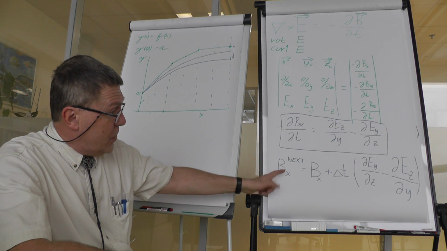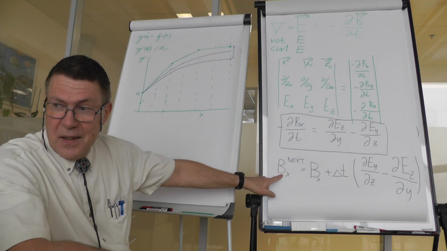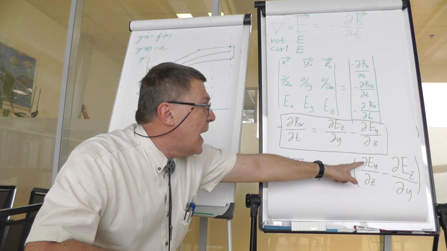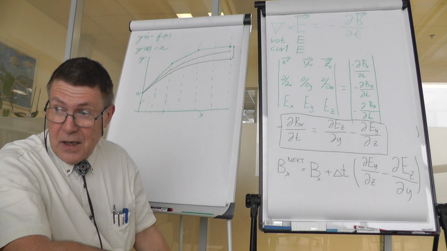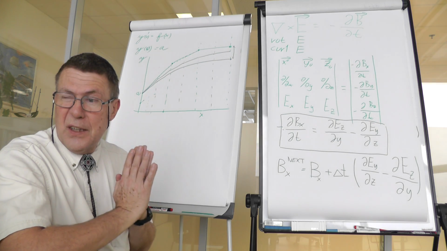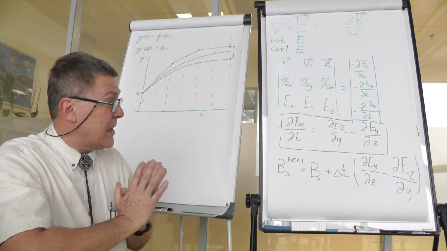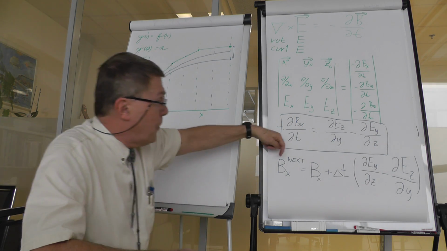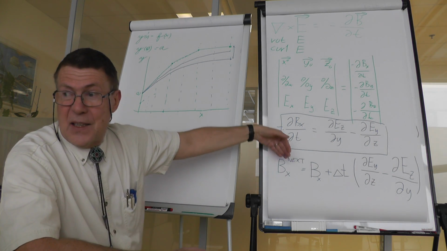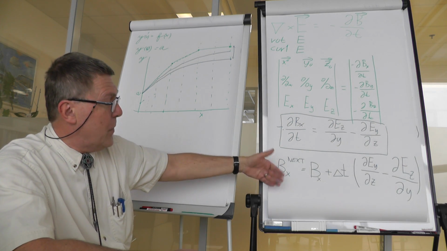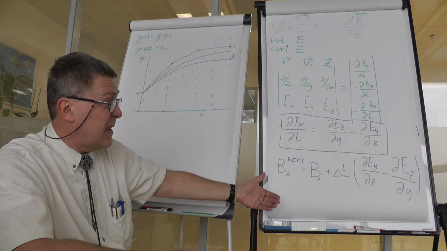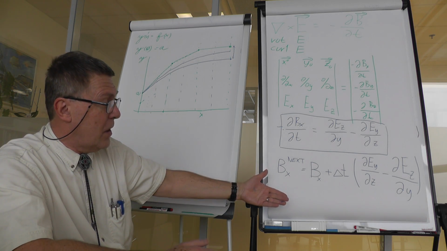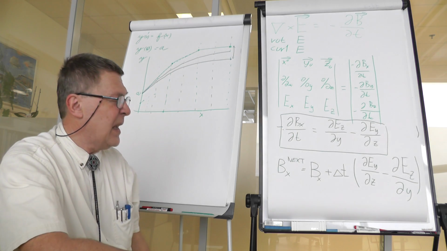So we can find out the next value of magnetic flux density based on a known distribution of electric strength. Now we would need different derivatives here for different components of B, X, Y, Z. But anyway, we will get three equations that can get us to a solution in the next time step.